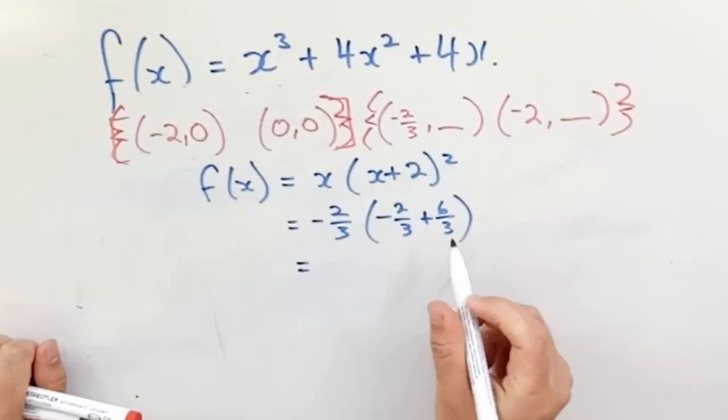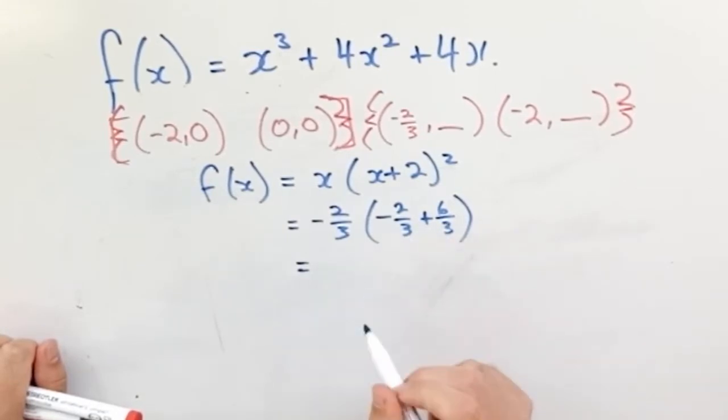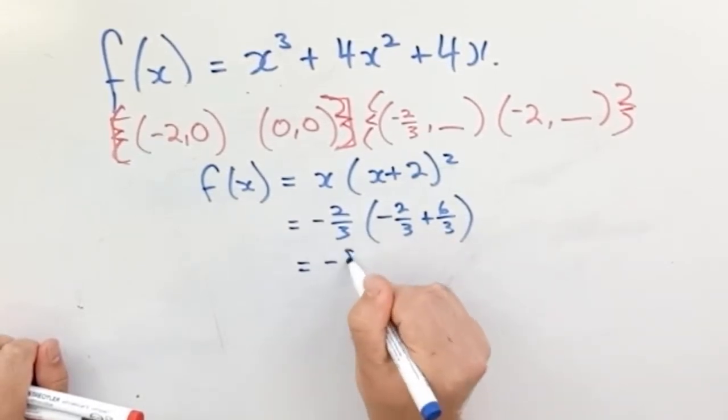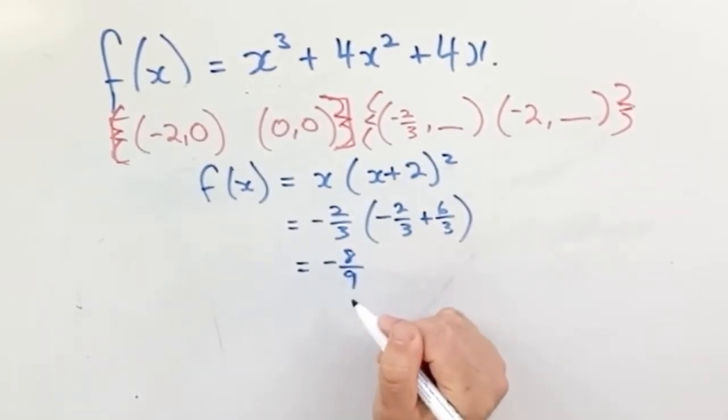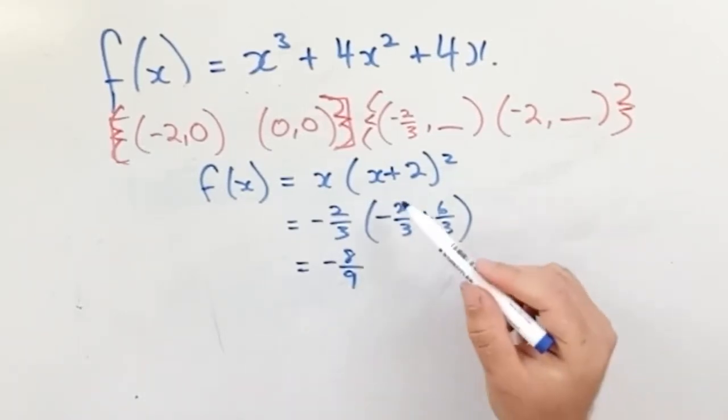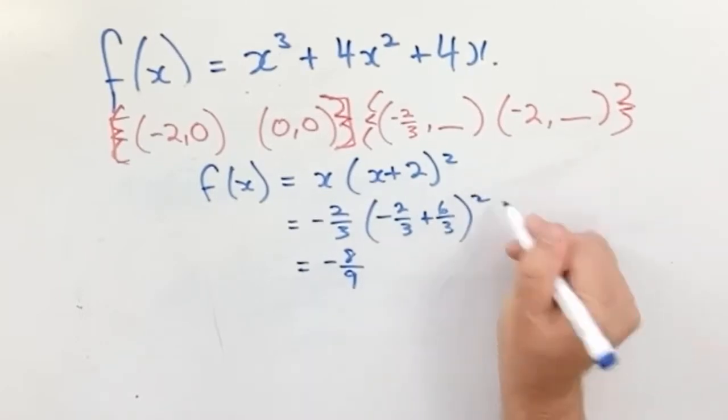What have I got now? I've got 4 on 3 times that is negative 8 on 9. Let's see if I got that last time. Did I get that last time? Not even close to that last time. Oh, squared. Bugger.